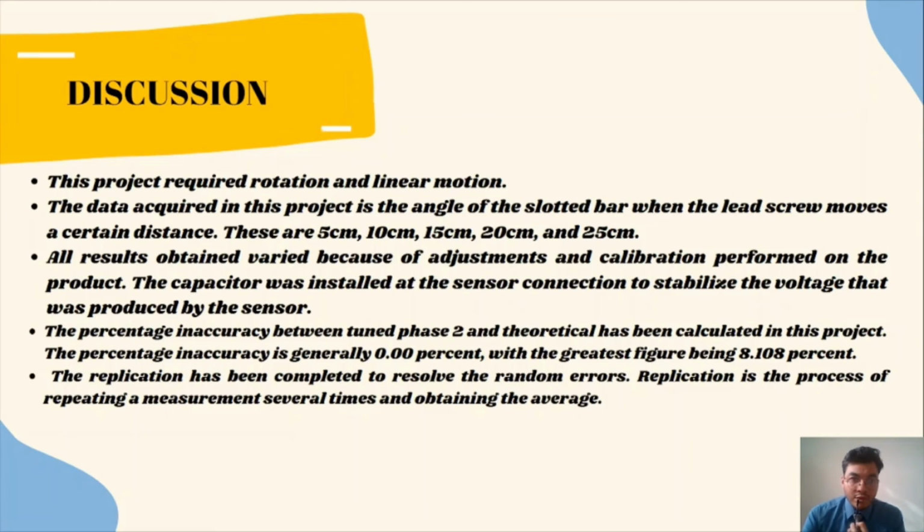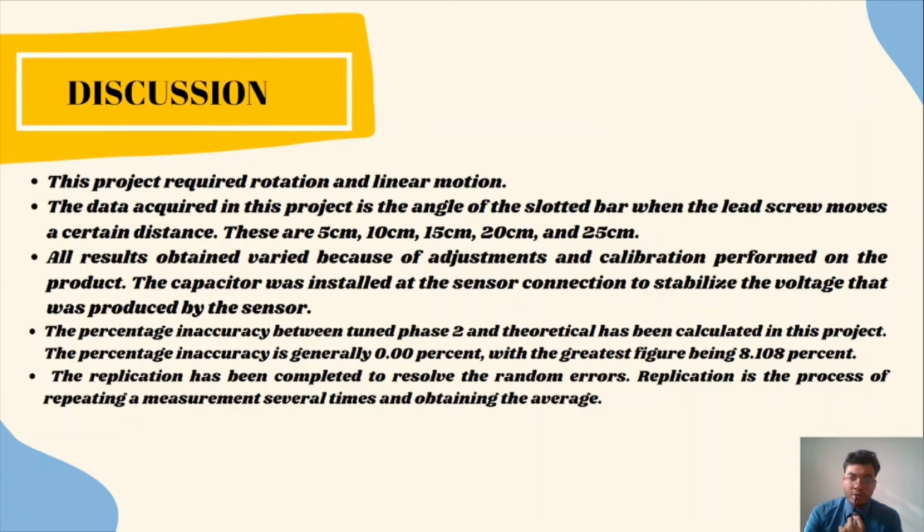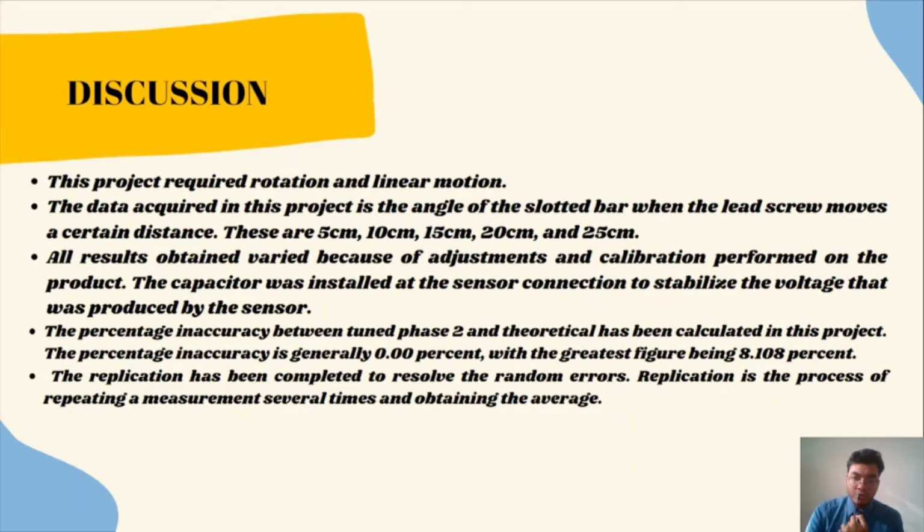For discussion, this project requires a rotation and linear motion. The data acquired in this project is the angle of the slotted bar when the lead screw moves a certain distance, that are 5 distances: 5 cm, 10 cm, 15 cm, 20 cm and 25 cm. Then the angle is used to calculate the angular acceleration and the angular velocity.